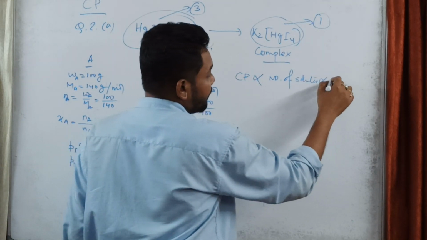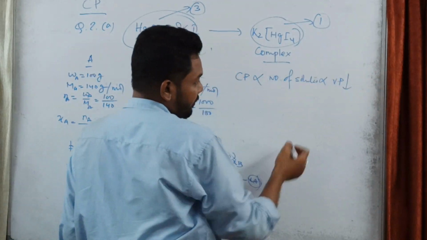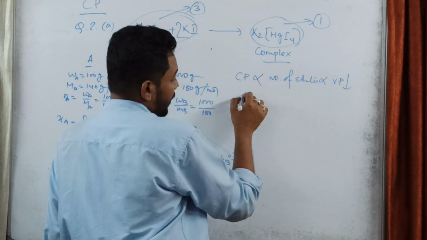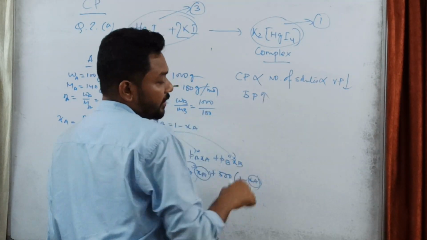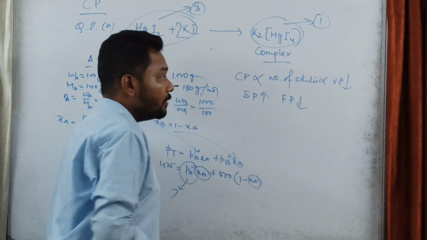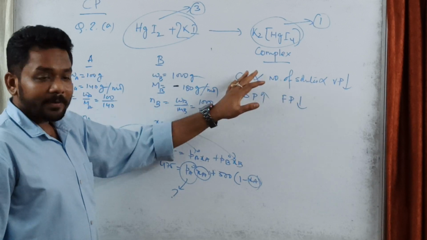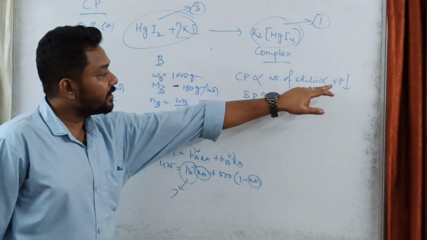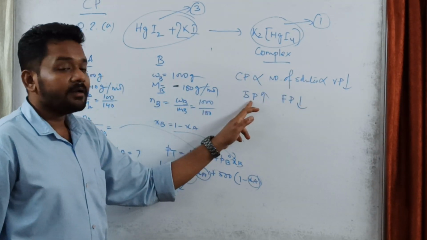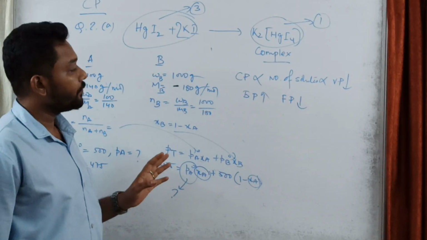When you increase the number of solutes, colligative property increases, vapor pressure decreases, boiling point increases, and freezing point decreases, because depression of freezing point is a colligative property.